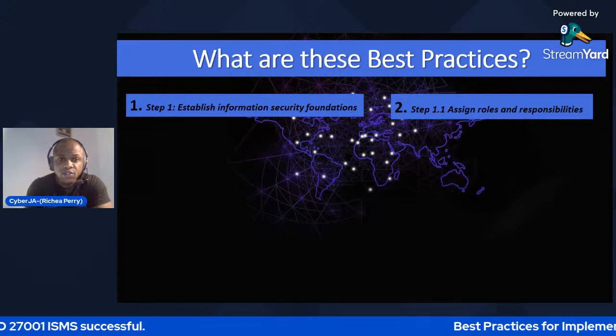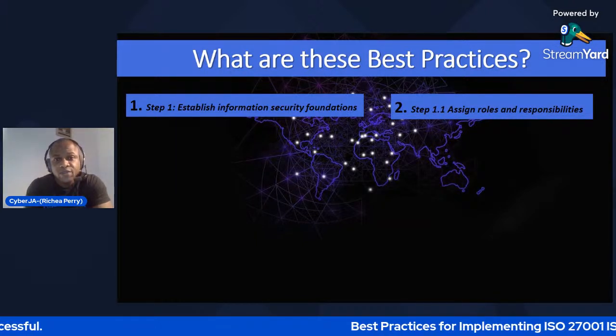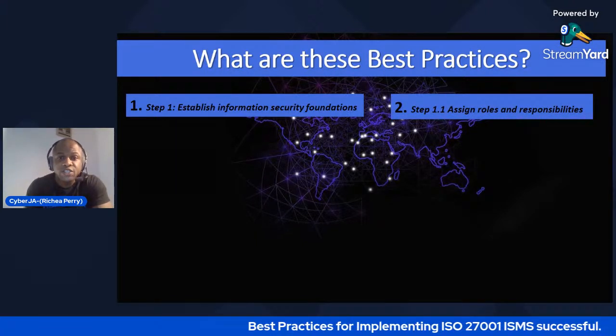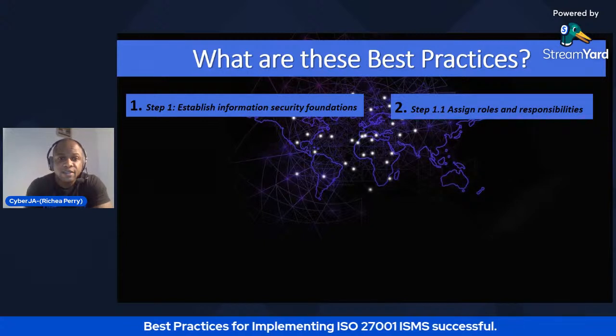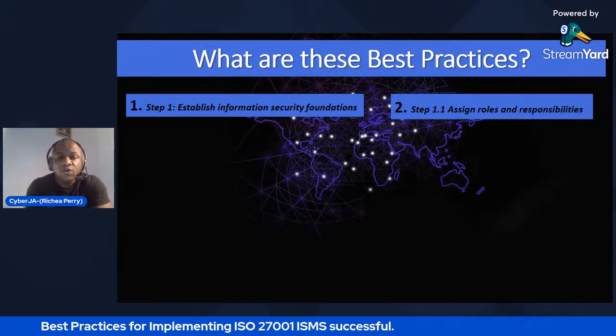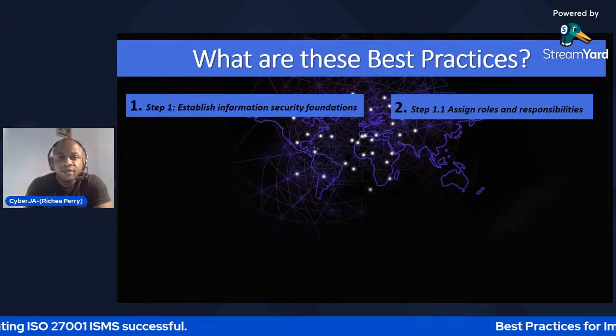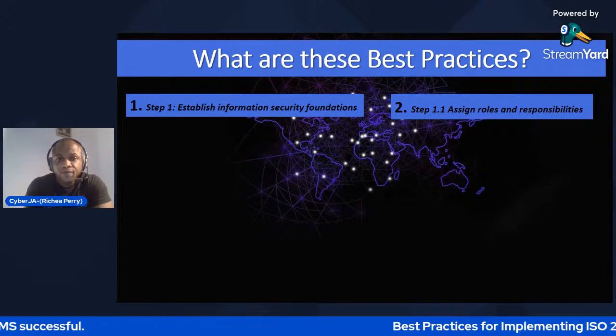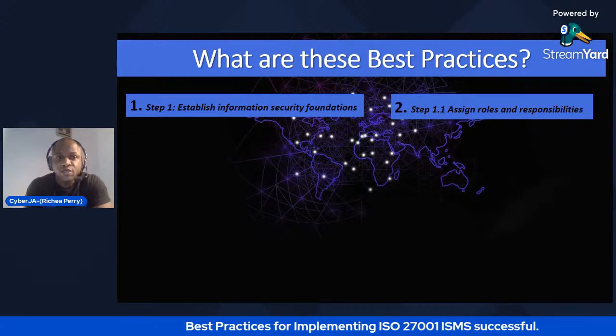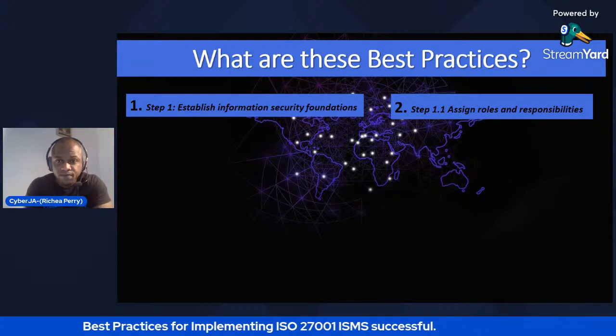The main roles and related responsibilities for information security management should generally be outlined prior to the implementation of your ISMS. It is very important that everyone understands their roles and responsibilities in the process.